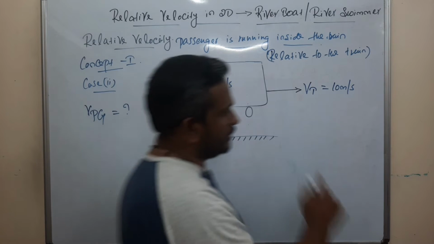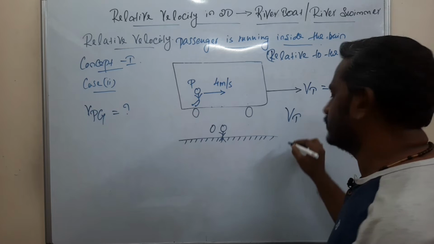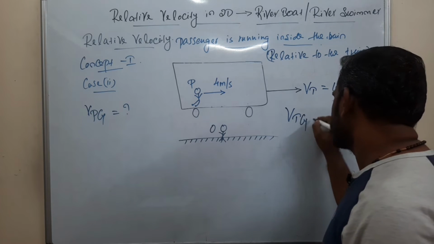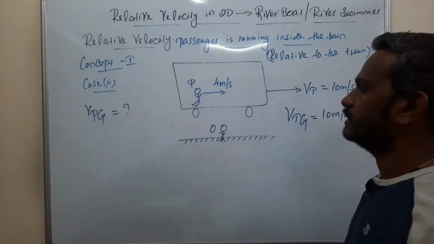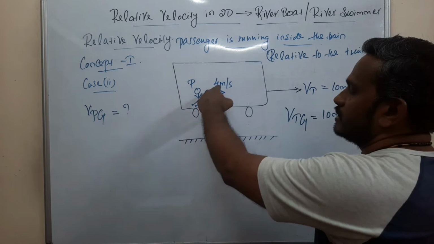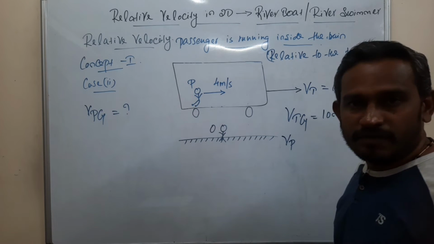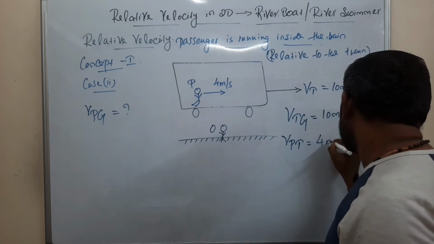Here, what is this Vt actually? Vt means the velocity of the train with respect to the ground, which is equal to 10 meter per second. And the velocity of the passenger with respect to the train is equal to 4 meter per second.